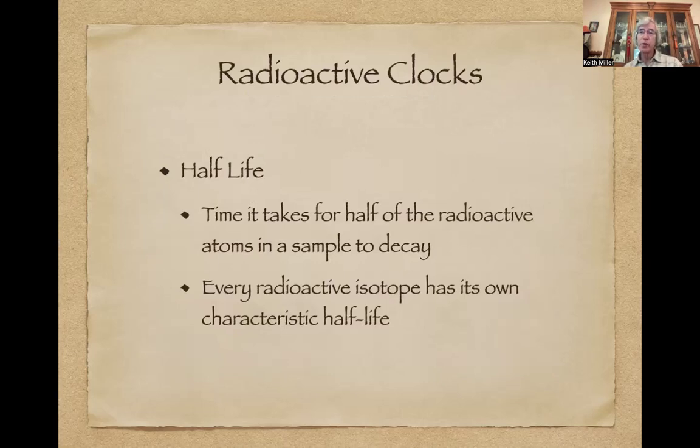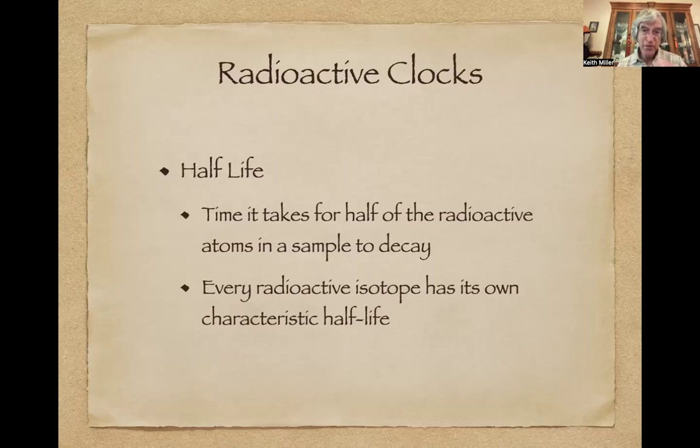So I said that radioactive decay occurs at a constant rate. That constant rate is called a half-life. A half-life is the time it takes for half of the radioactive atoms in a sample to decay. The time it takes for half of whatever number of atoms there are at a given time, for half of those to decay to a stable daughter.